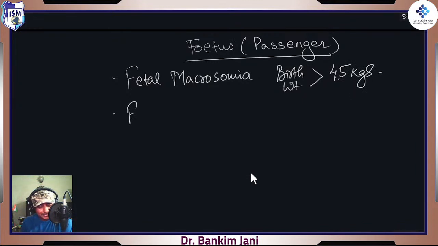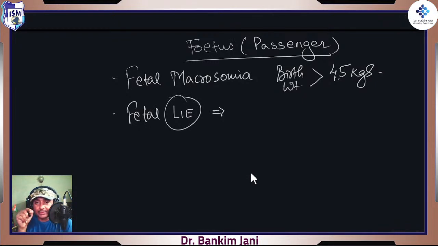And then there would be fetal lie. Fetal lie means what? It is about the long axis of the fetus with respect to the long axis of the uterus, right? Say, that's the uterus. That's its long axis. And what is the long axis of the baby?